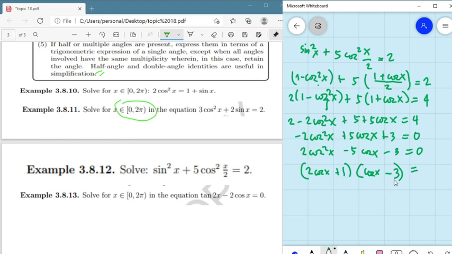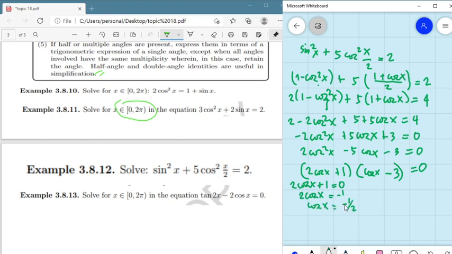So that we have negative 6 plus 1 equals 0. So 2 cosine x plus 1 equals 0. It becomes 2 cosine x equals negative 1. So cosine x equals negative 1/2.